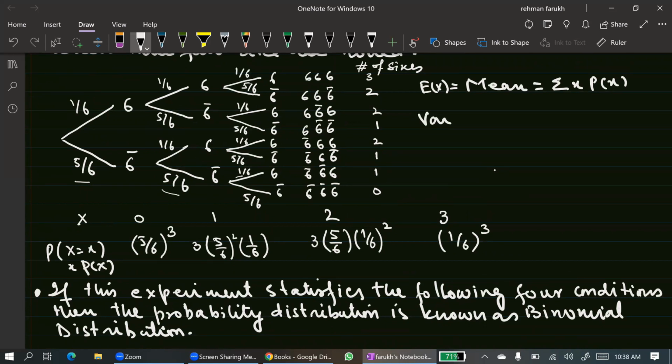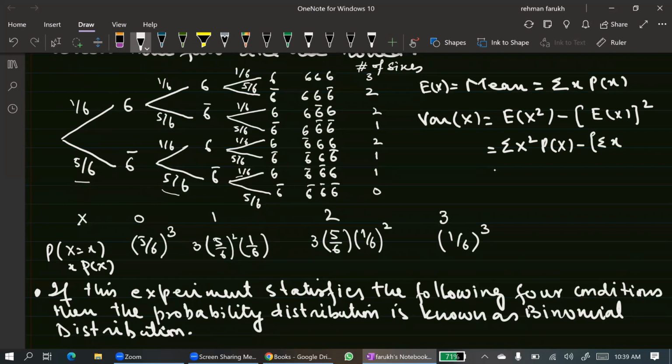Now variance of x is equal to expected value of x square minus expected value of x whole square. Mean of squares minus mean square. Expected value of x square is sum x square into p of x, minus sum x into p of x whole square.